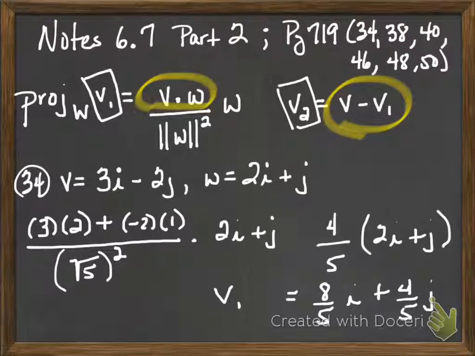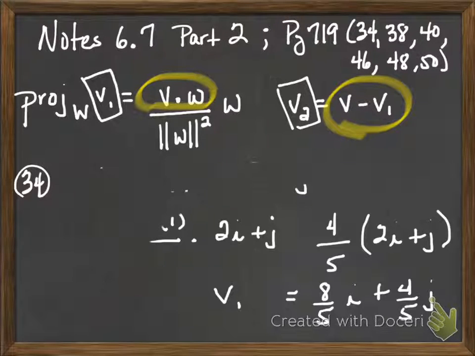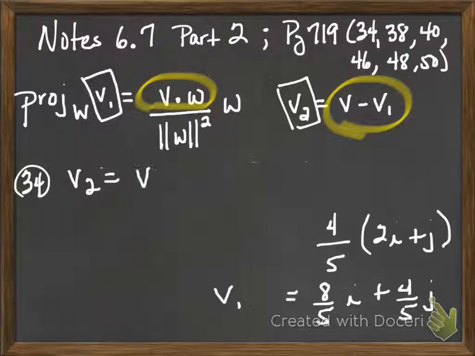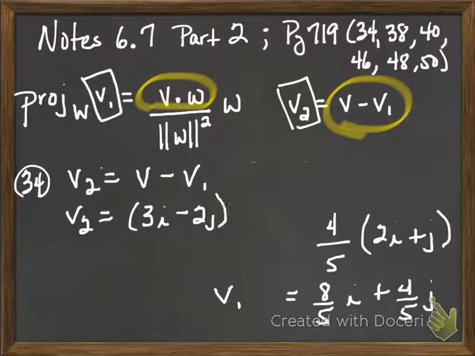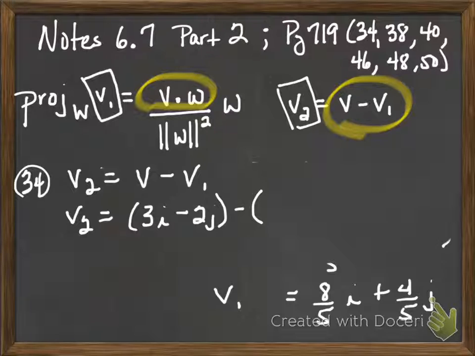Okay, so I'll try to erase so we can get this. So if we're finding V sub 2, we're doing the original vector V minus the V sub 1 that we just found. So the original vector V, I erased it, but it was 3I minus 2J. And then you're subtracting the vector that you just found, which was the 8/5 plus the 4/5.